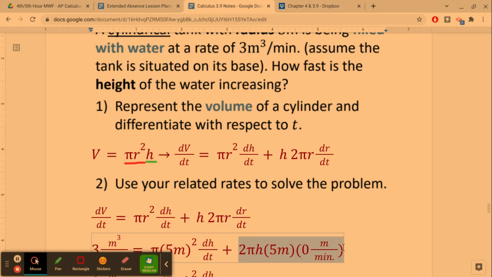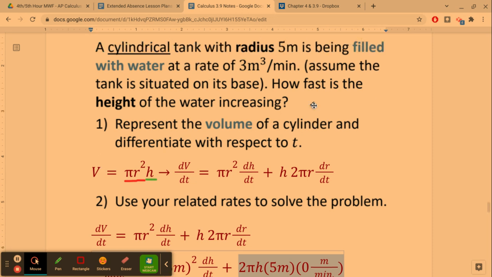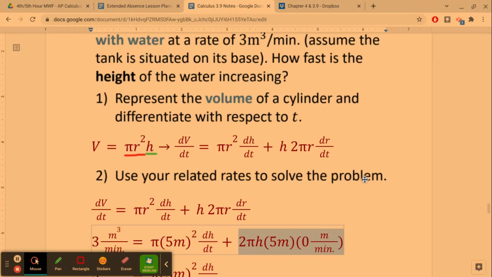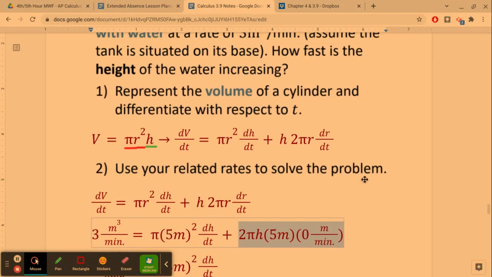That is so convenient because you don't know how high the water is. There is no indication in this problem of how high the water is. You have the radius of that length, and the height of the water increasing. That's dh/dt, not h. You're given no information about the height, but it doesn't even matter.